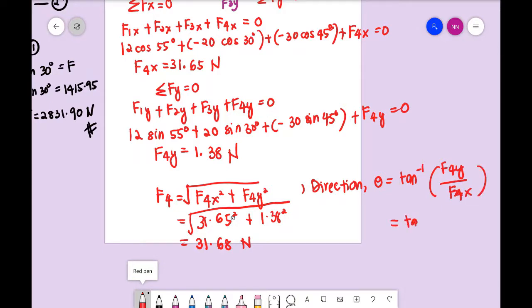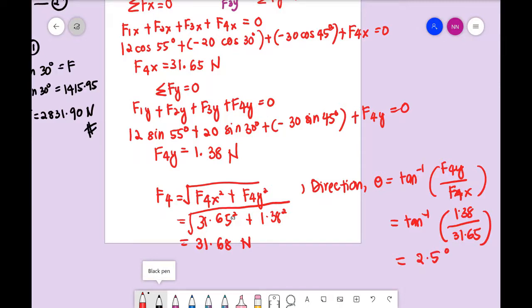So 1.38 over 31.65 equals 2.496. We can round off to 2.5 degree.